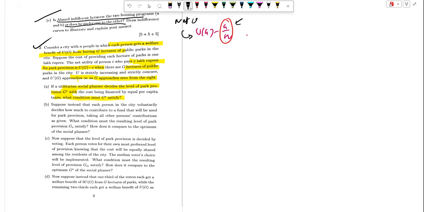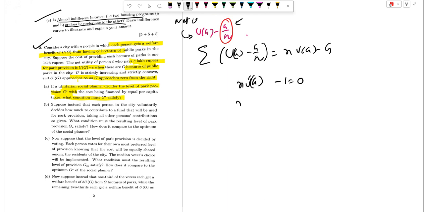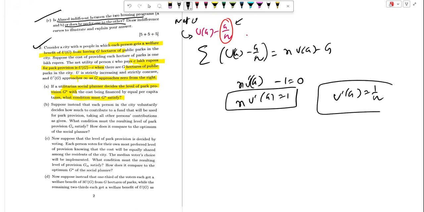So the social planner maximizes total utility, N U(G) minus G. To find the G star, we must differentiate and equate with 0. So N U'(G) minus 1 equals 0, so N U'(G) equals 1. This is one condition: U'(G) equals 1 by N.